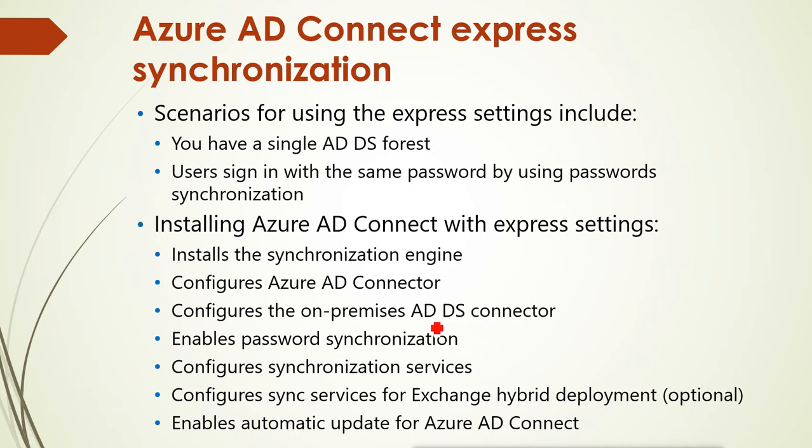We can configure it on the Active Directory server, or we can configure a separate server for the synchronization. It will be called the ADDS connector. Then enable the password synchronization, configure the synchronization services, and configure the sync service for Exchange hybrid deployment. It is optional if we have the Exchange services. Then enable the automatic update for Azure AD Connect, so it will automatically update the Azure AD Connect software also.